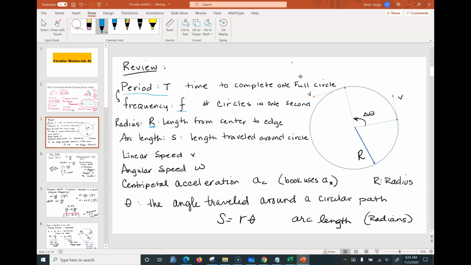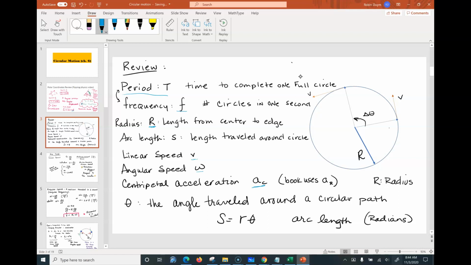Your angular speed, this is your lowercase omega, and we'll see how it's related to our linear speed in another slide. There is a centripetal acceleration, usually A sub c.